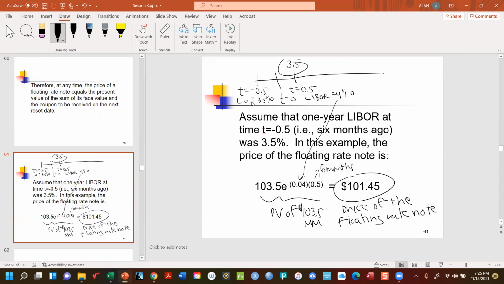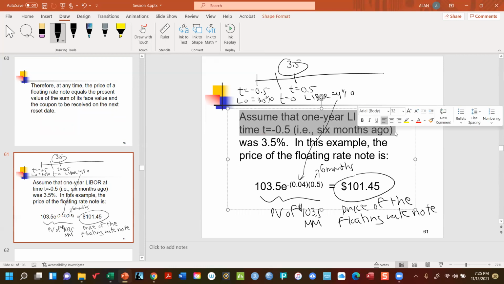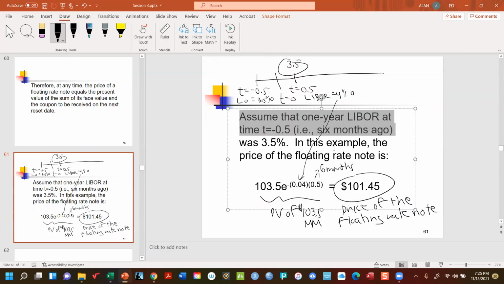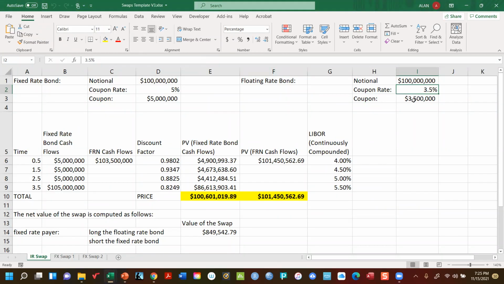There we go. There it is. I completely overlooked this. Suppose that 1-year LIBOR at time T equals -0.5, 6 months ago, was 3.5%. Okay, that's where this is coming from. We already know, based on this timeline, that when 6 months rolls around, the coupon will be 3.5% of 100 million, or 3.5 million.